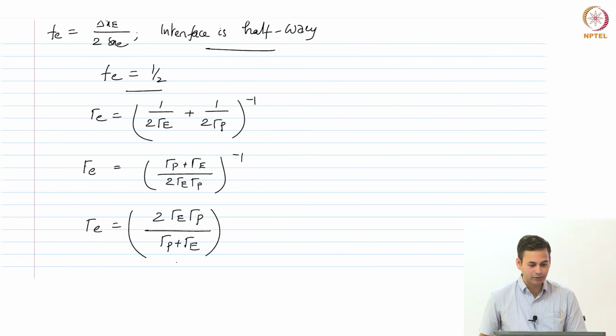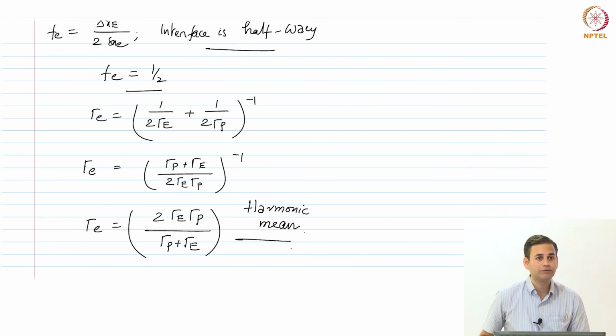This is a harmonic average, not an arithmetic mean, this is a harmonic mean, which is different from the arithmetic mean that we got before. We thought we will use a linear interpolation if the interface is midway. Now of course we have still not proved anything. I claimed that supposedly the harmonic mean will give better results than the arithmetic mean, right, that is what we said.